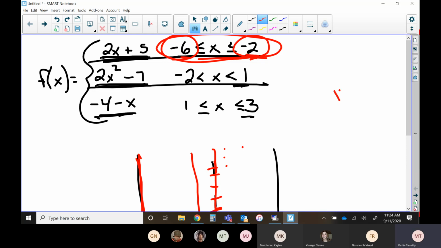So what I could have done, and it's going to get me the same ordered pairs, is I actually could have used -6 as my input, and -2 as my input, and got the ordered pair for only those 2 points, the starting point and the ending point. And then once I got those 2 ordered pairs, I can just draw a line between them, and I would have the same exact graph that I did doing the other way. It's the same exact graph, it's just a different way of getting it.